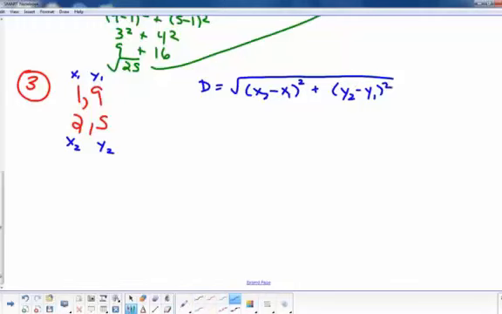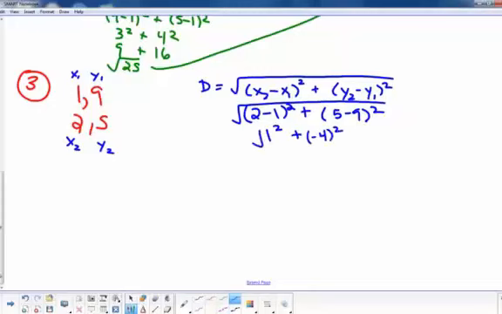So we can put in 2 minus 1 squared plus 5 minus 9 squared. So we have 1 squared plus negative 4 squared. So that's 1 plus 16. So the distance of this is the square root of 17. If you want to put 4.1, you can, but this is a better answer because there's no rounding error.